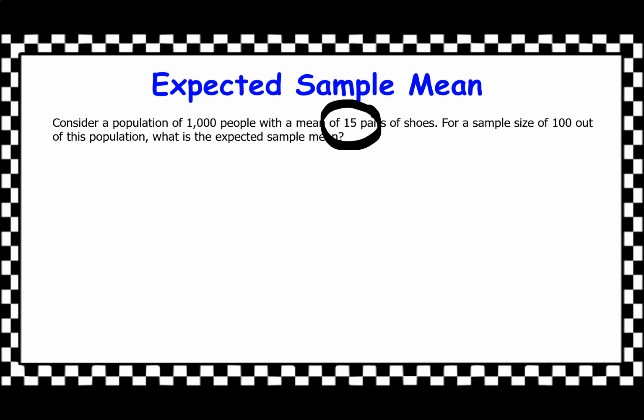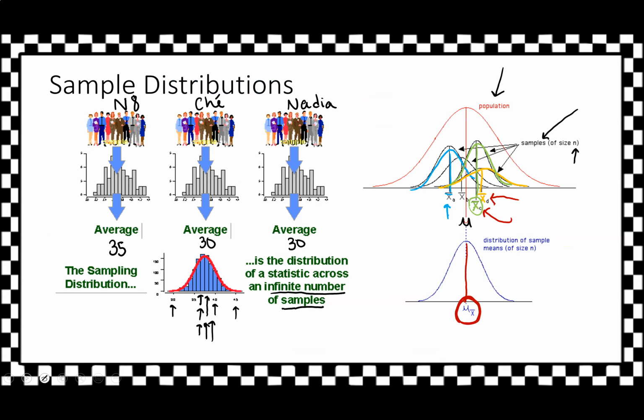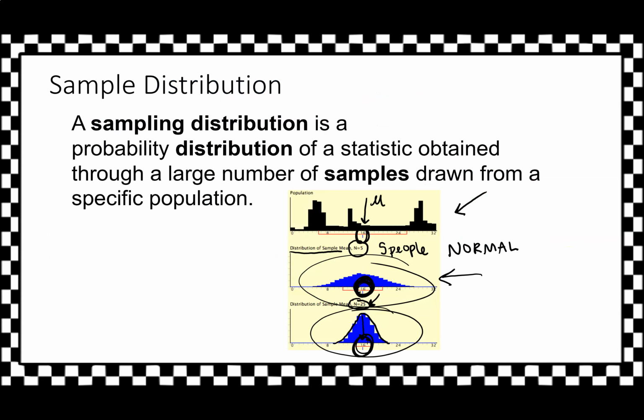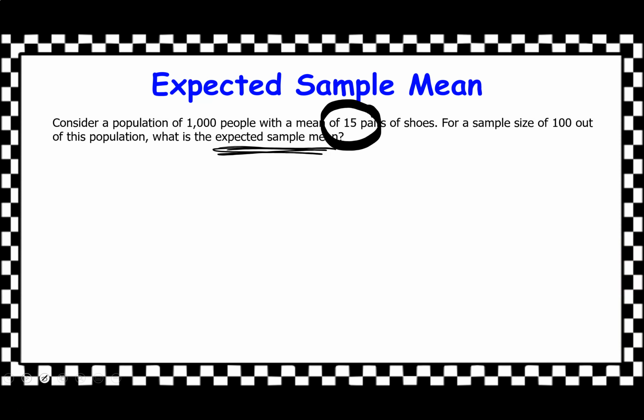Okay, what is the expected sample mean? Well, let's go back for a second. Remember, our expected sample mean is going to be the same thing as the population mean. So the expected sample mean is the same as the population mean. The answer is 15. There's no math involved.